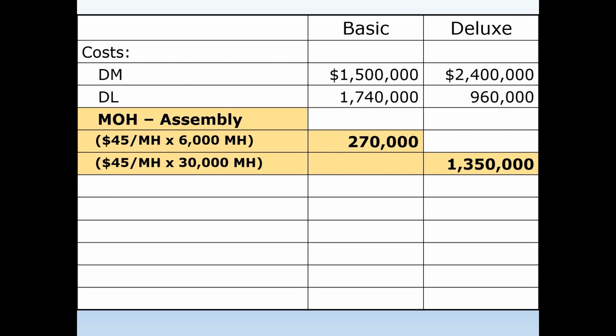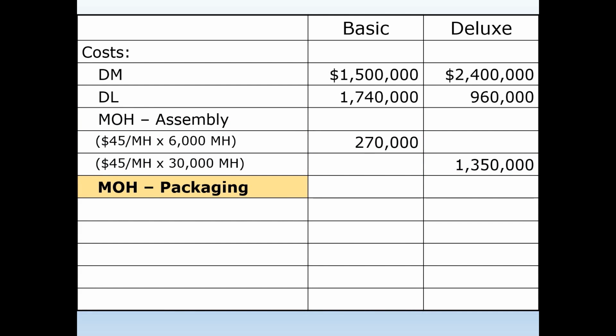We can do the same thing for the deluxe units by multiplying the $45 per machine hour allocation rate for assembly times the number of machine hours that the deluxe units used in the assembly department. Notice that the deluxe units use a lot more machine hours in the assembly department than the basic units do. So the deluxe units are assigned more of the assembly department overhead because they consume more of the assembly department's overhead resources.